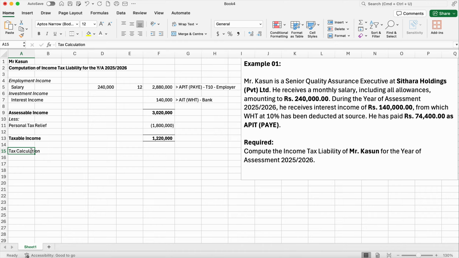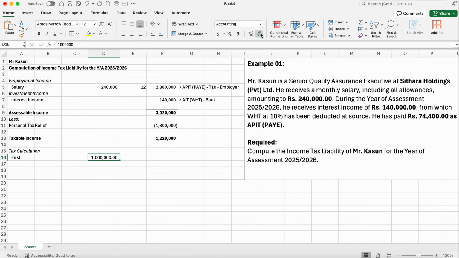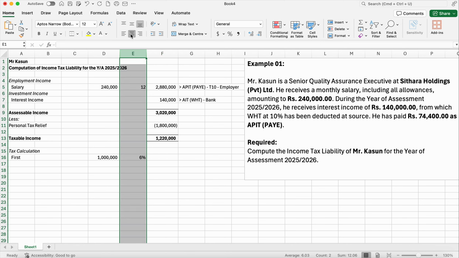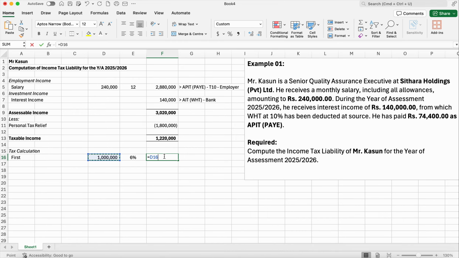In the tax calculation, based on the slabs, first we can say the first 1 million is subject to tax at the rate of 6%. So that is 60,000.